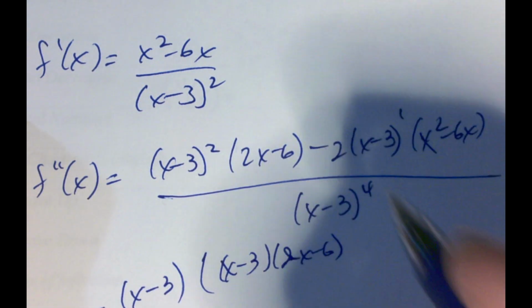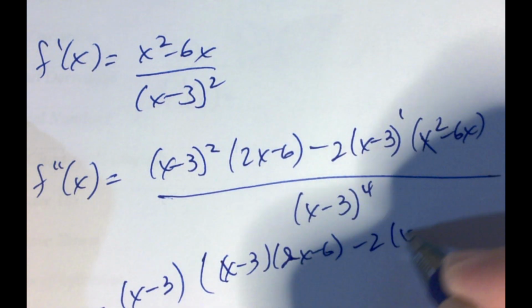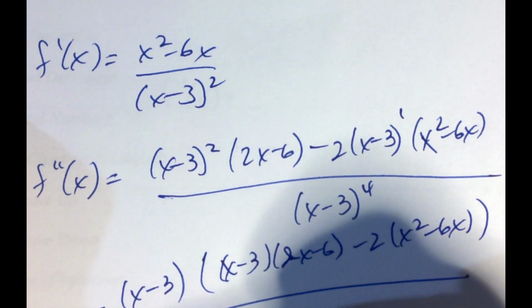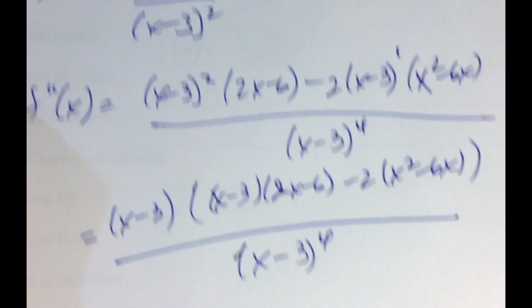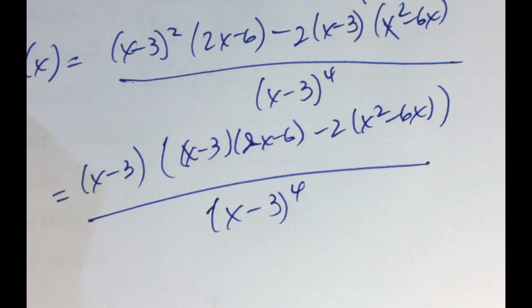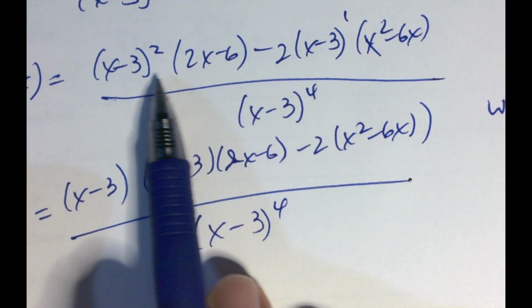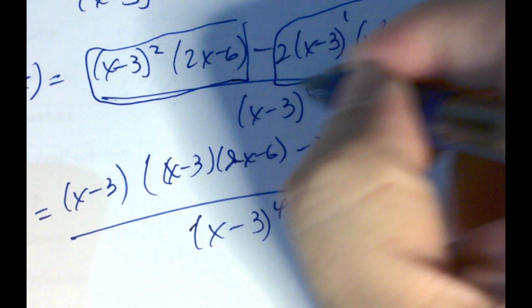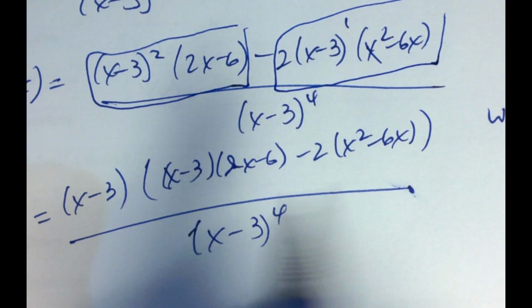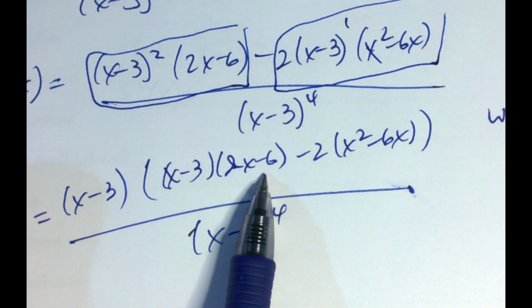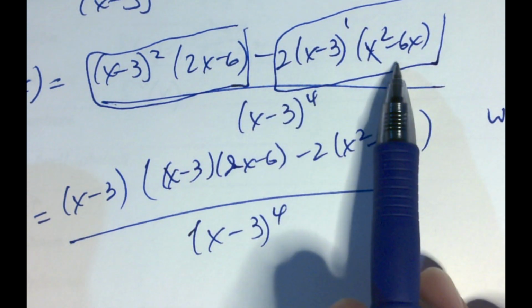And that's going to leave me minus 2 times x squared minus 6x. So I took x minus 3 out of both of these parts, this part and this part. When I take an x minus 3 out here, it leaves me an x minus 3 and a 2x minus 6. Here, it leaves me 2 and x squared minus 6x.